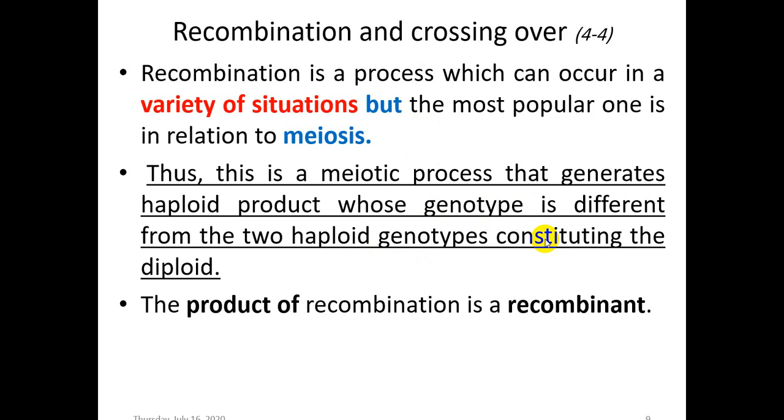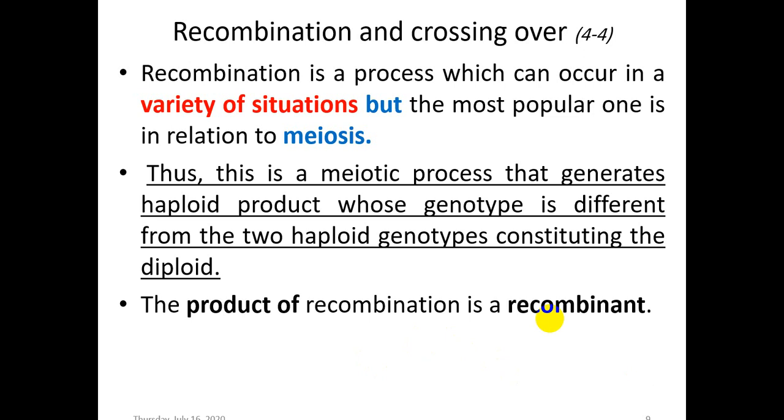They are different from their parents, I mean not the parents of the organism, I'm just saying from the original cell, the daughter is different from the mother cell. The product of recombination is called a recombinant.